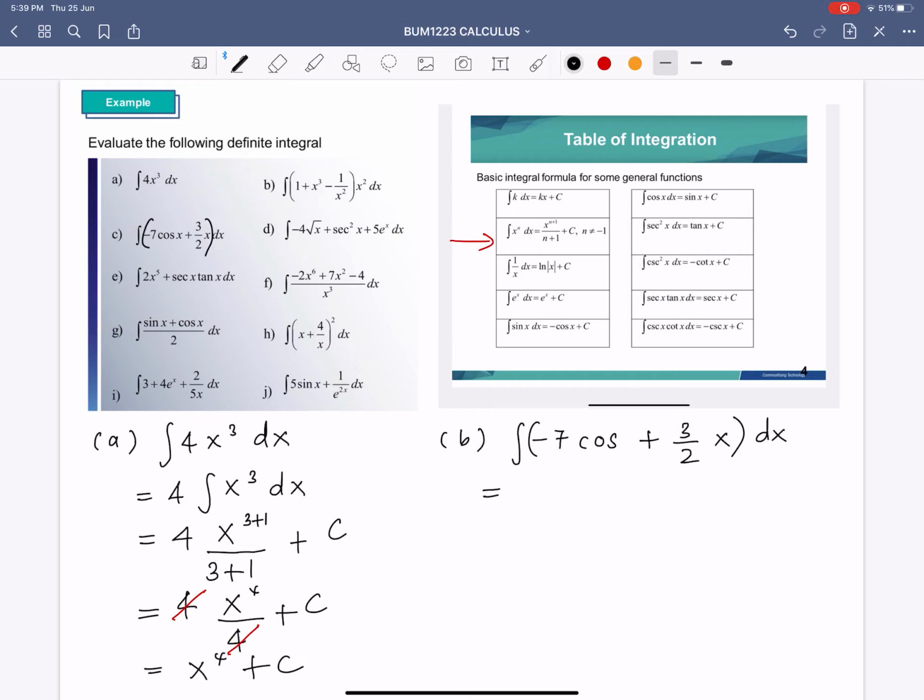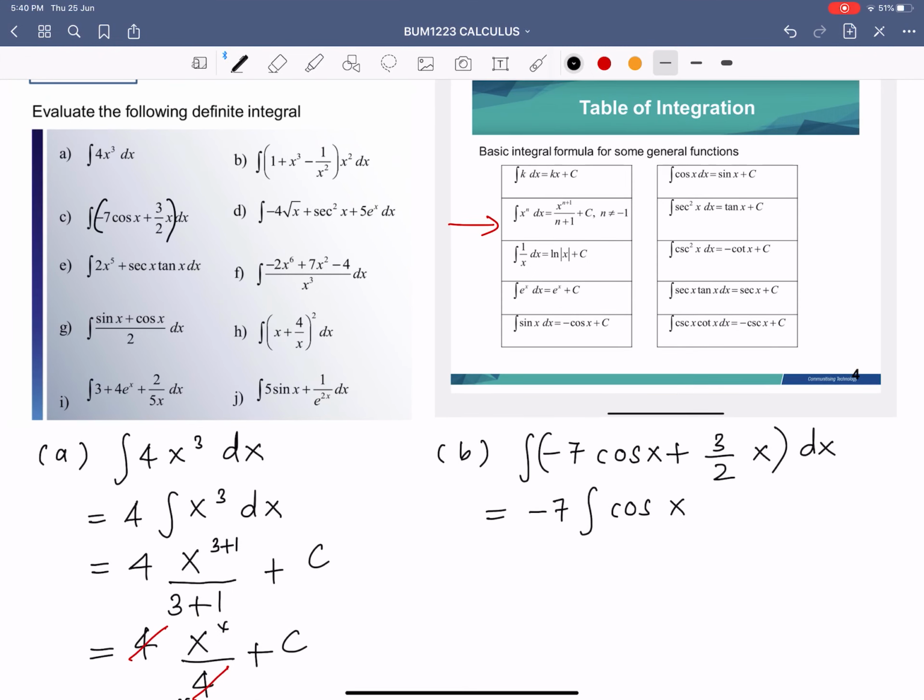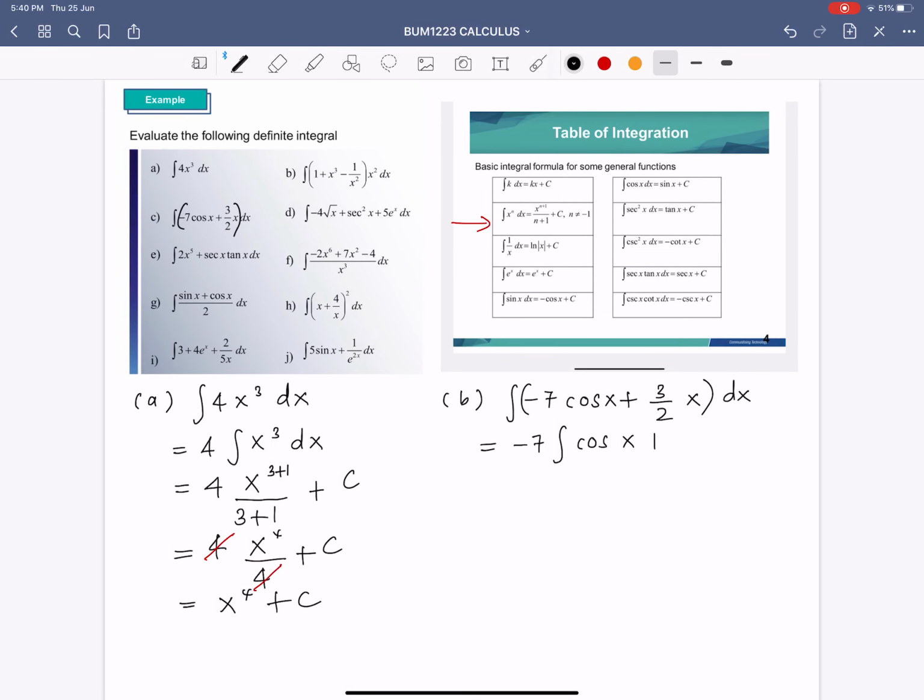And actually, we want to apply the linearity rule, where this is equal to -7 integration cos x dx, I missed the dx here, plus 3/2 integration x dx, where integration cos x, this one, you'll get the result is sine x plus c.